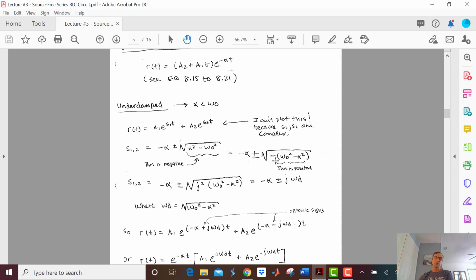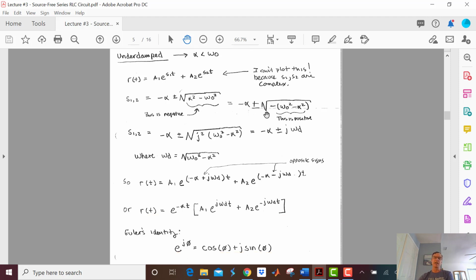So we're going to change that negative sign into a j squared, because j squared is equal to -1. When you were taking math courses, you used i as your imaginary operator, but we use i for current in electrical engineering, so we call it j.